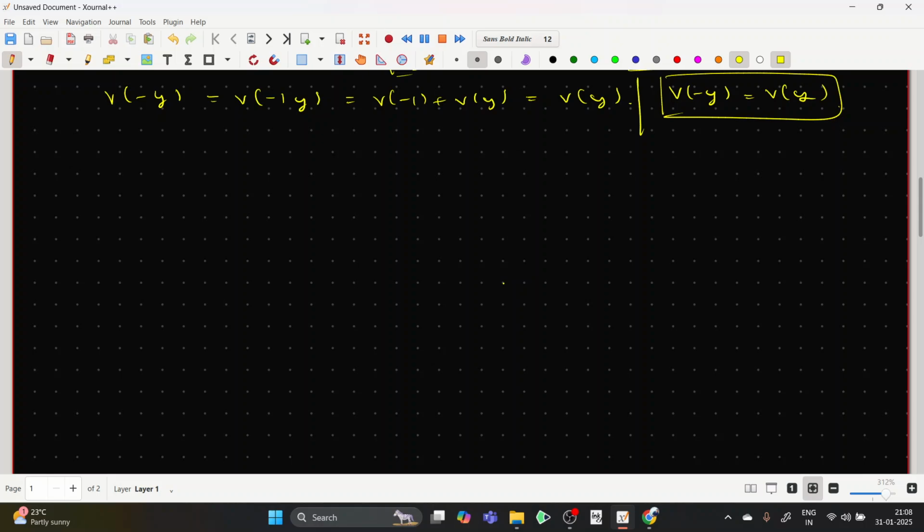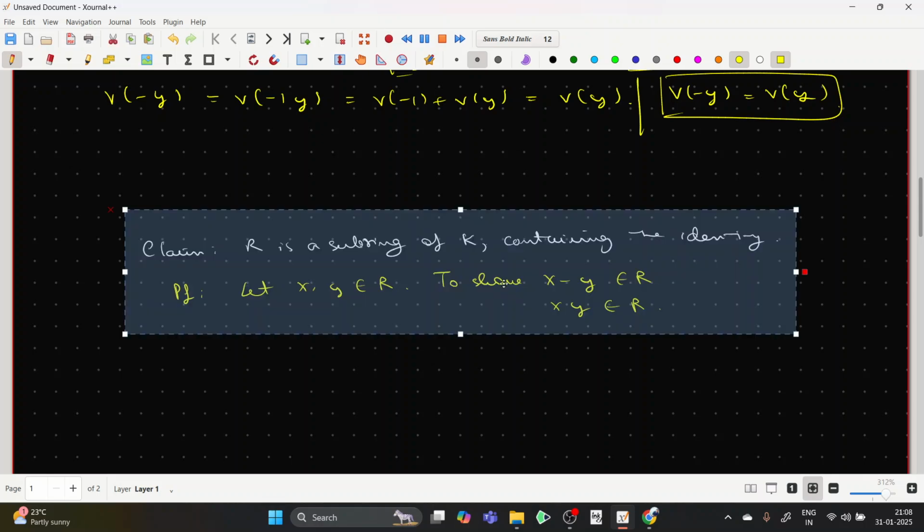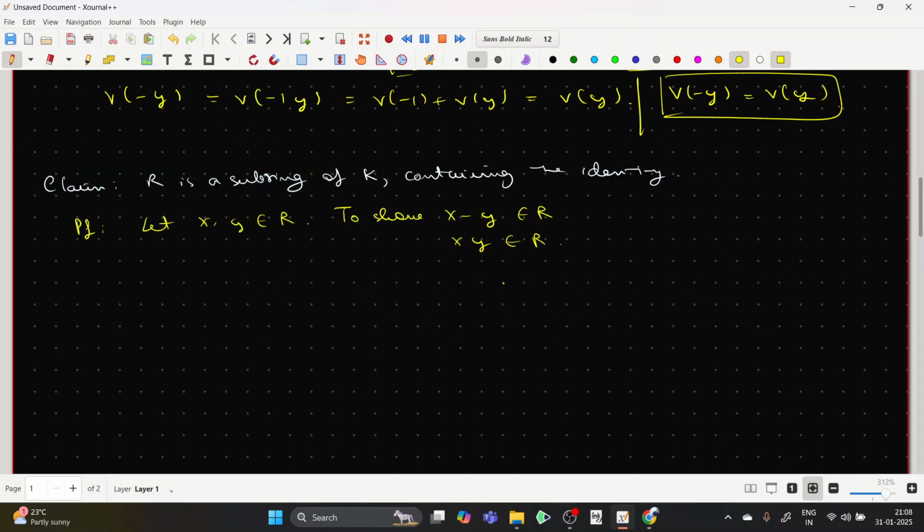Okay, now let me come to the proof of it. So I had claimed that R contains the identity. Obviously it contains the identity.